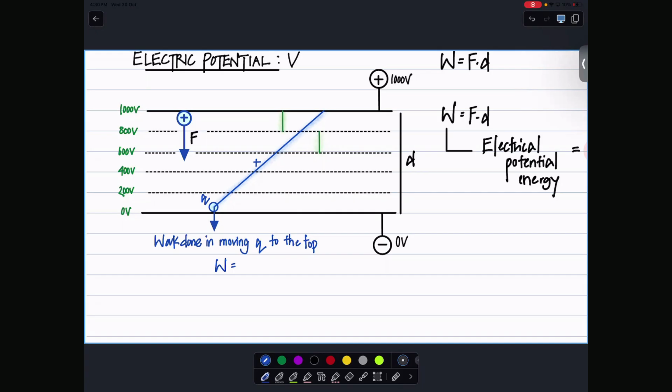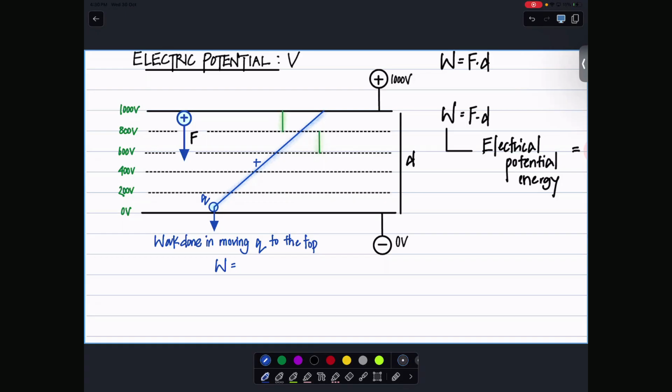Yes, this is F into D, because the work done will always be the force times the parallel distance to the force. Remember, if you take a mass upwards, and if you take the mass at an angle on a slope, what did you do? You found the vertical height change, not the actual distance taken. However, you're right, you can break it into components as well.